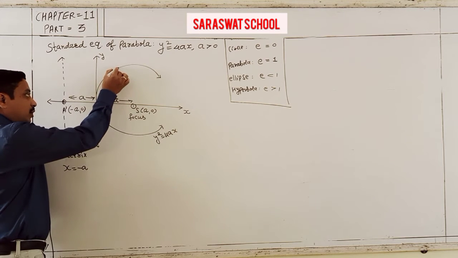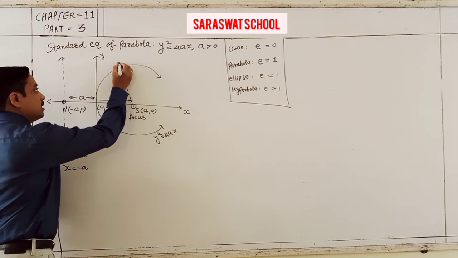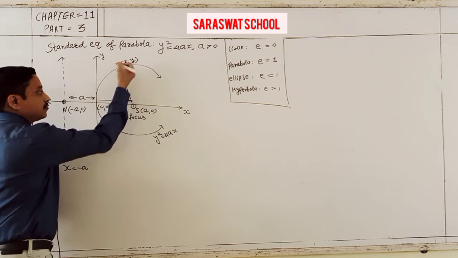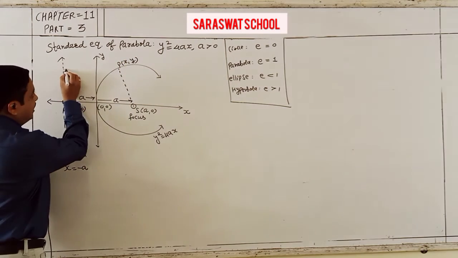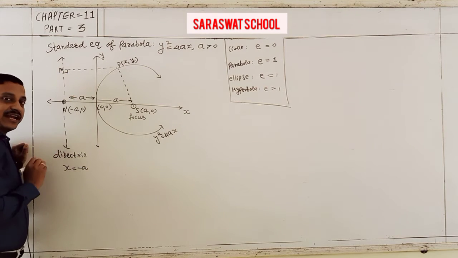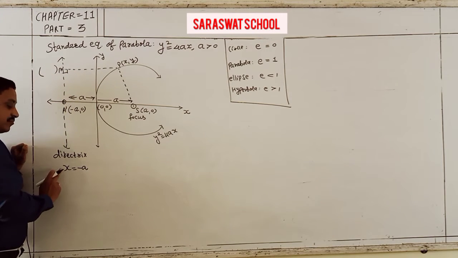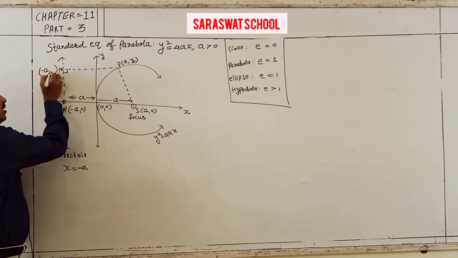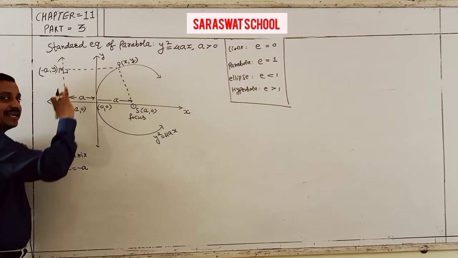Take one point P(x, y) on the parabola, and the perpendicular distance from it to the directrix ends at the point M. The x coordinate is the same, minus a, and the height is y.